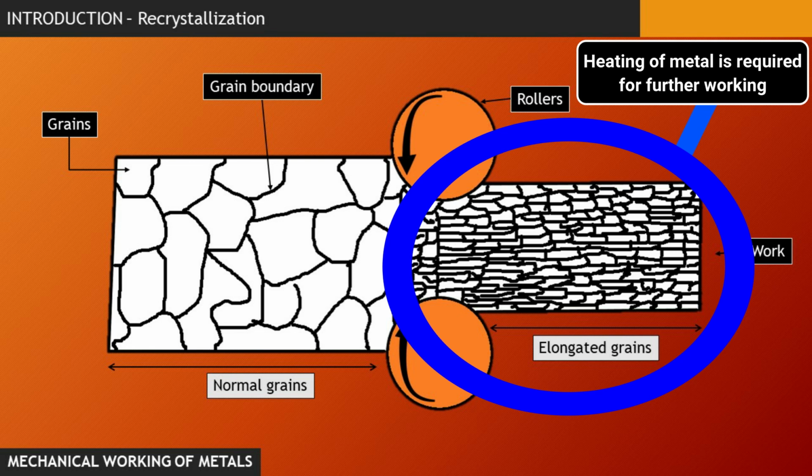So we can say that recrystallization is an annealing process in which old deformed grains get displaced by newly formed undeformed grains, and the temperature at which the process is completed in a duration of 1 hour is called the recrystallization temperature.